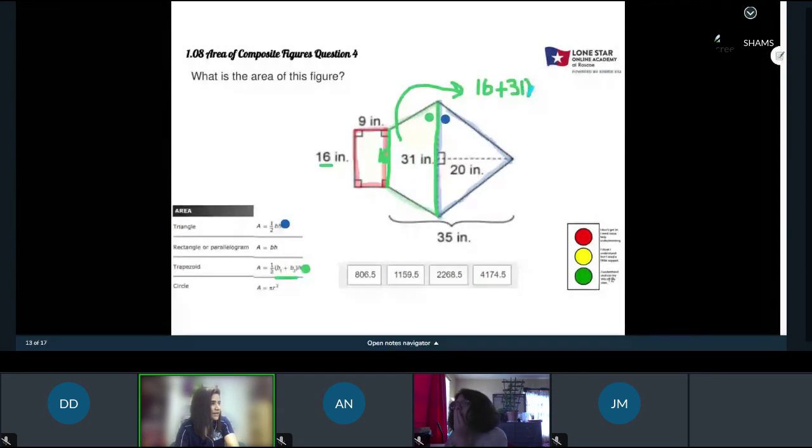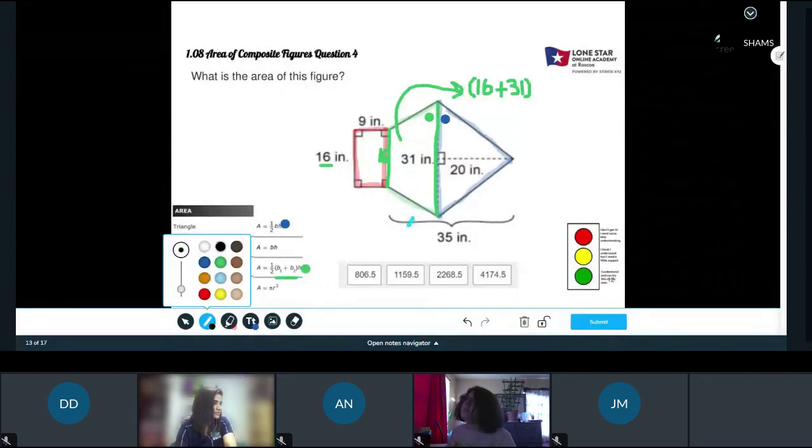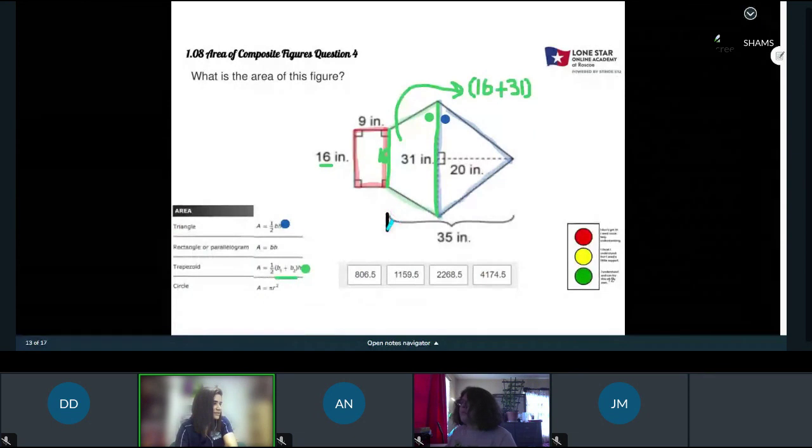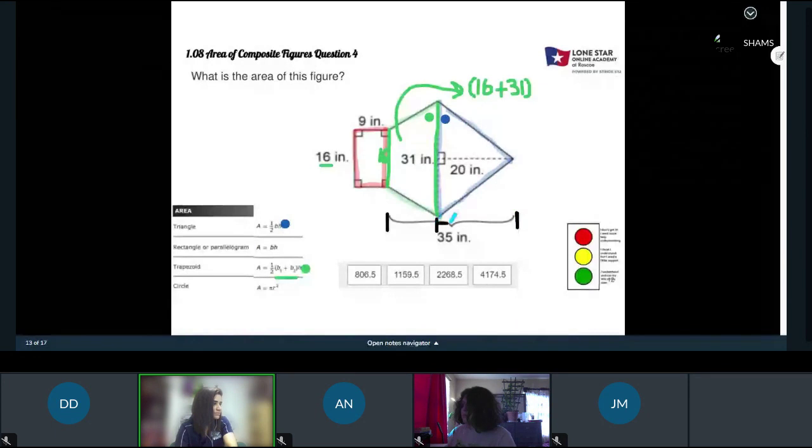Then you multiply it by the height of the trapezoid. Height of the trapezoid is a missing number, but we can absolutely help ourselves. The entire thing is 35. I know this part is 20. How? From here. This is 20. Right?